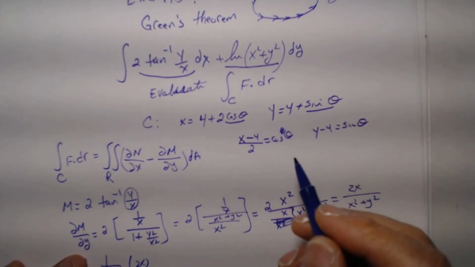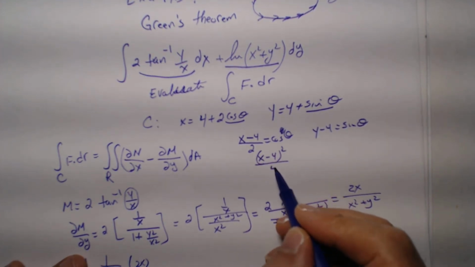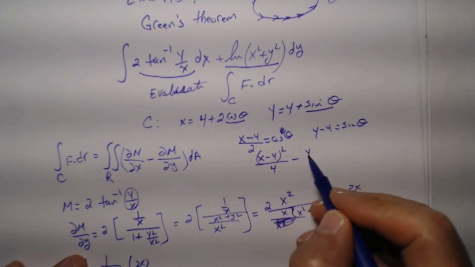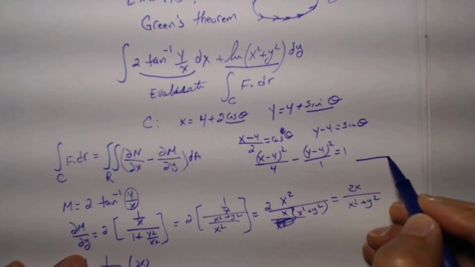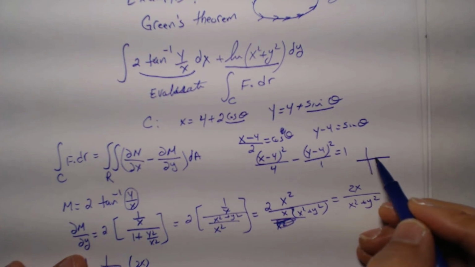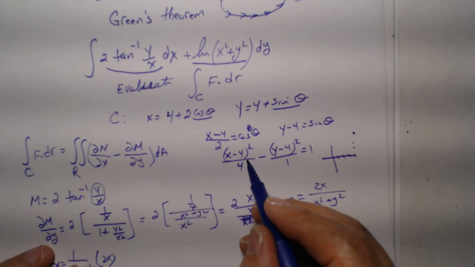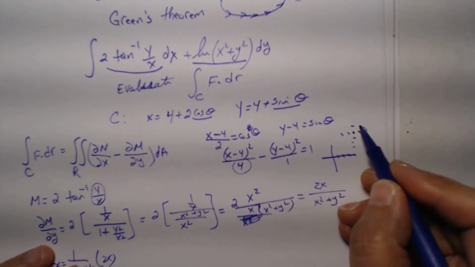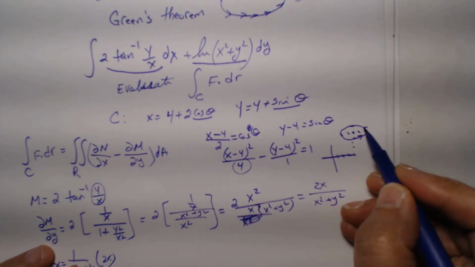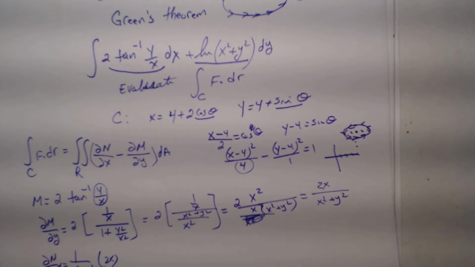Therefore, (x minus 4) squared over 4 plus (y minus 4) squared over 1 is 1. And this is an ellipse with the center at (4, 4). Your a squared is 4, so 2 to the right and left, 1 unit up. This is an ellipse, it is counterclockwise, and it is a simple region. Then you can apply Green's theorem.